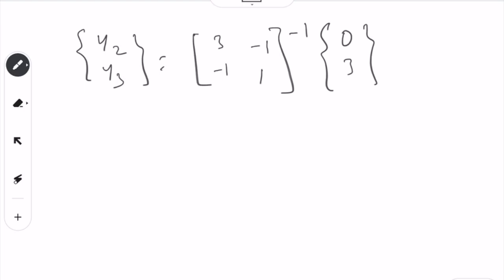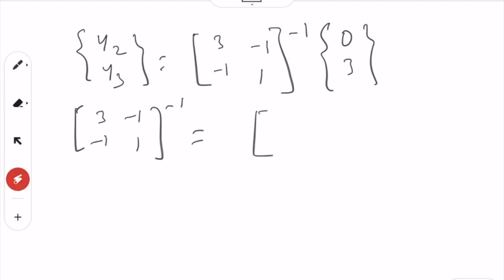Okay. So how will you invert? So 3 minus 1 minus 1 1, inverse of that will be, you are going to interchange this, and this can be interchanged. Okay. So this is how you invert, right.